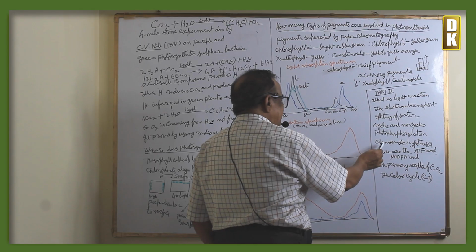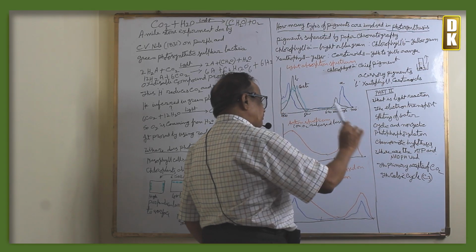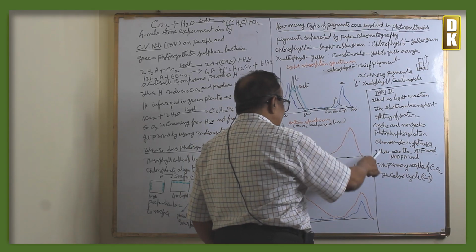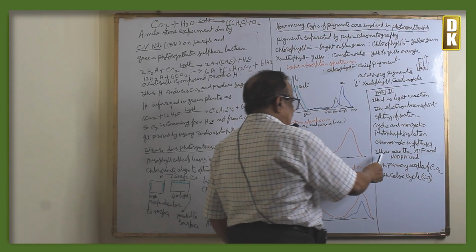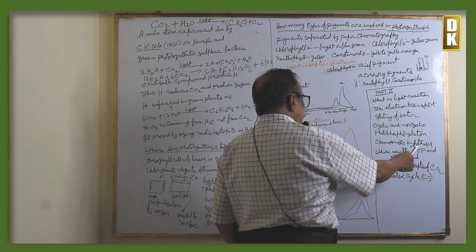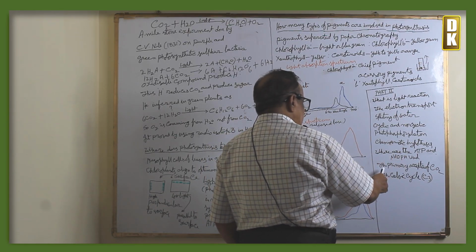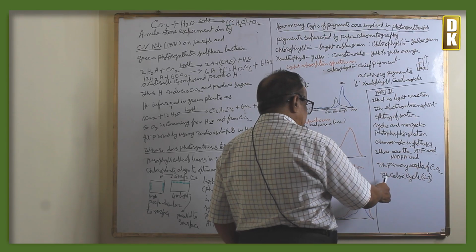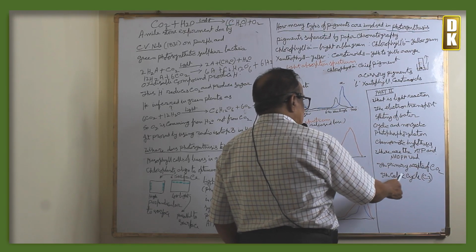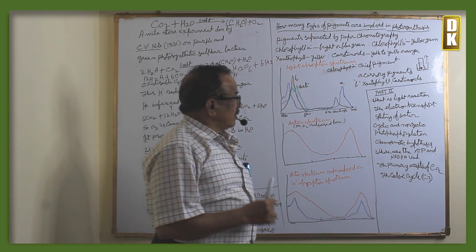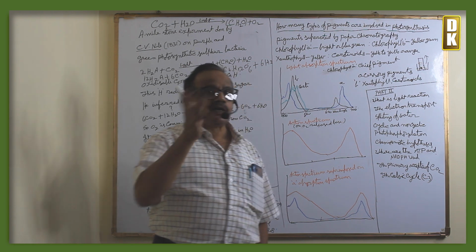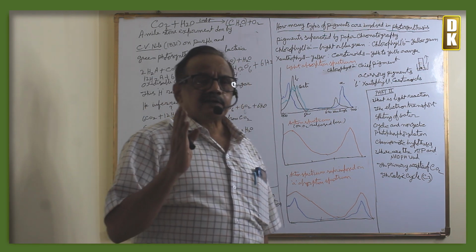Remember it, I will explain that perfectly. And where NADPH and ATP are used, the primary acceptor, carbon dioxide, the Calvin cycle, this will come in part 2. From there to the ending, it will come in part 3.